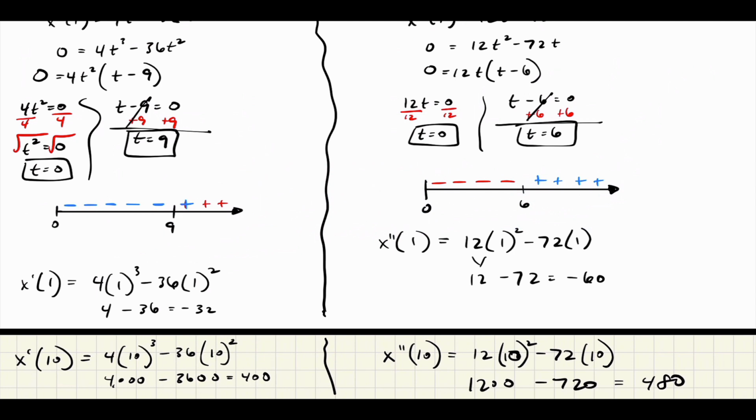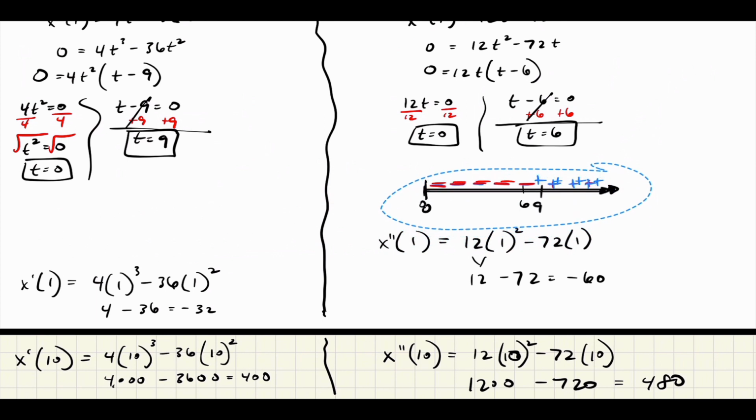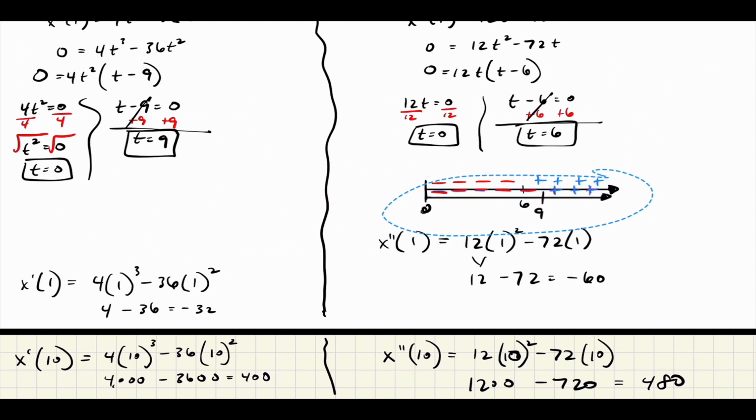So let's see. It looks like from 0 to 6, they're both negative. So 0 to 6. And then from 9 on, they're both positive.